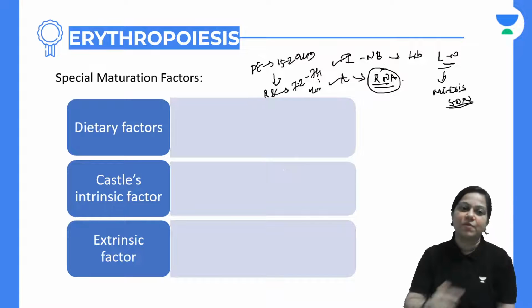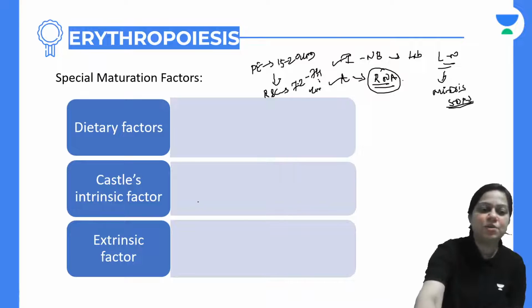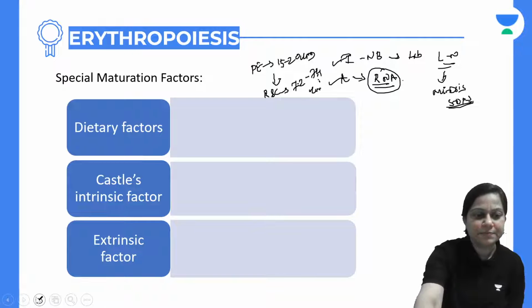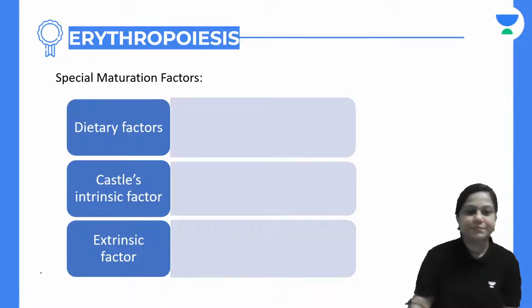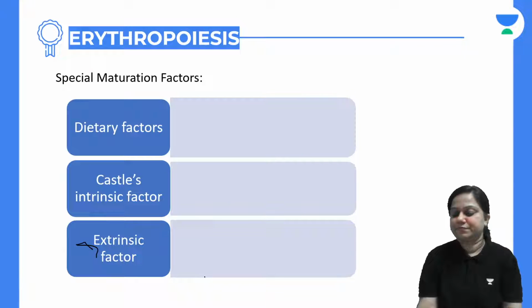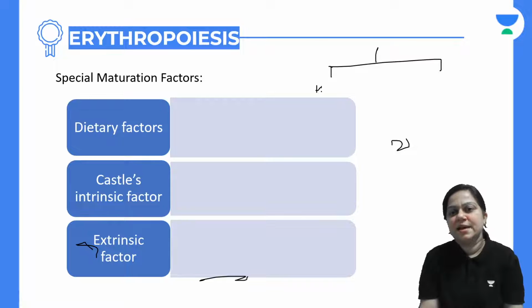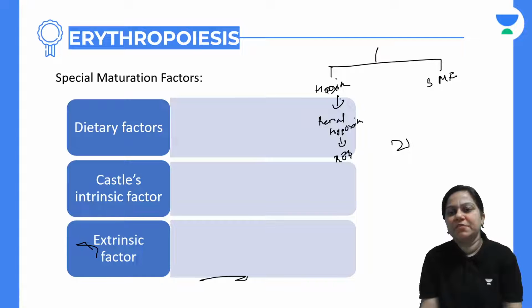Now the factors regulating erythropoiesis. You can write it like this: hypoxia, general factor, and special maturation factor. With renal hypoxia, there is release of renal erythropoietic factor.